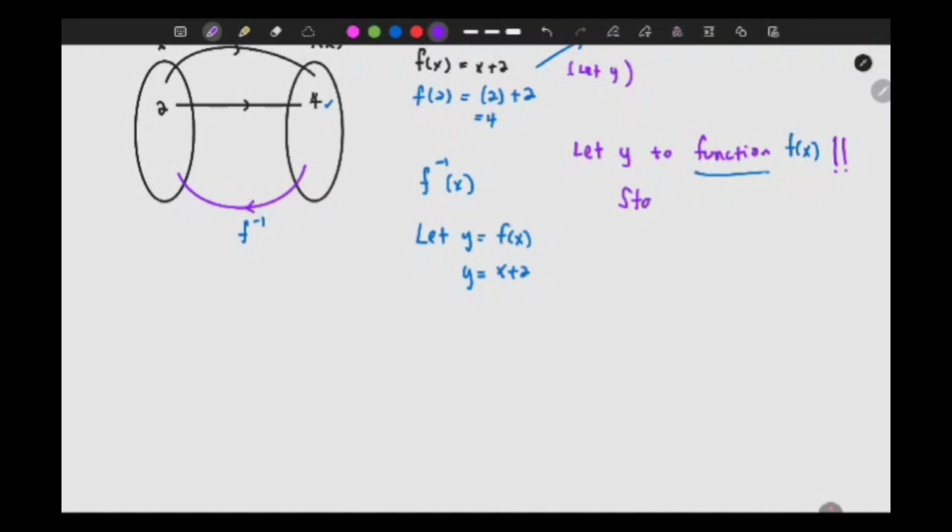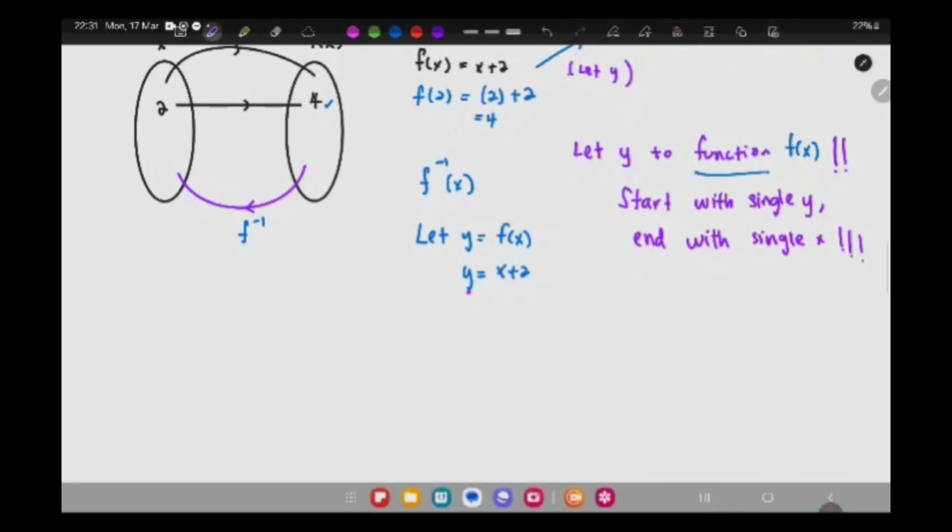Start with single y and end with single x is the next thing you need to know. You start your equation with your y, you let y. Your ending should be x equals something.